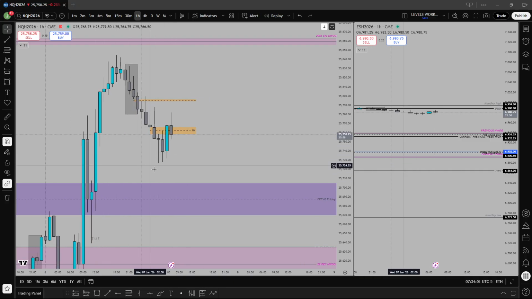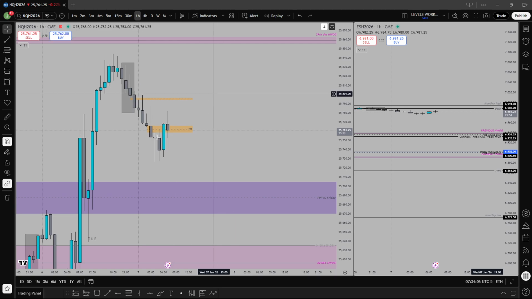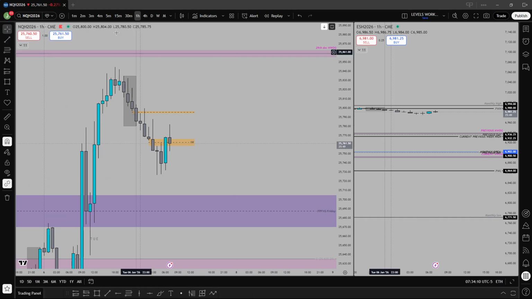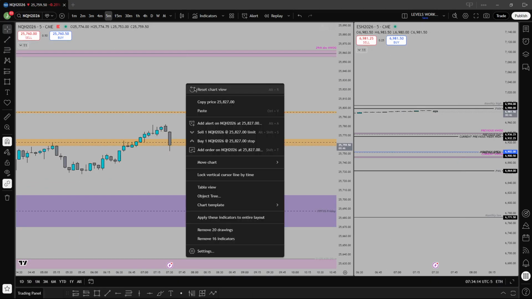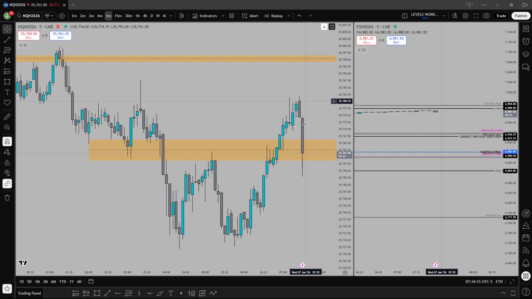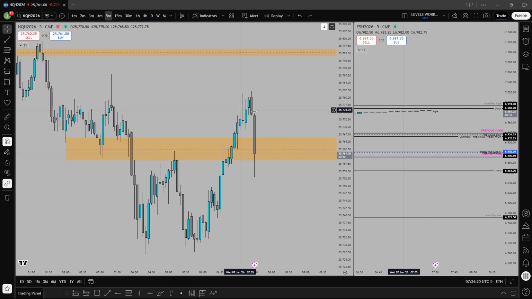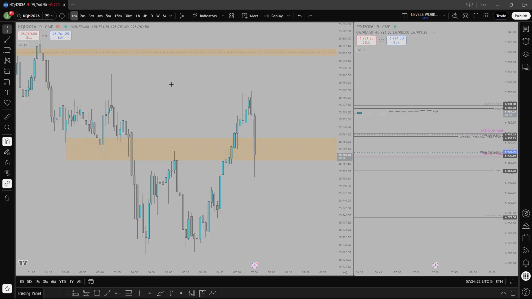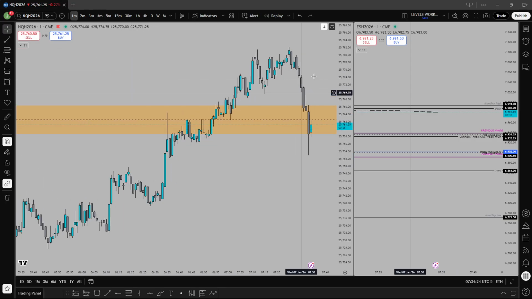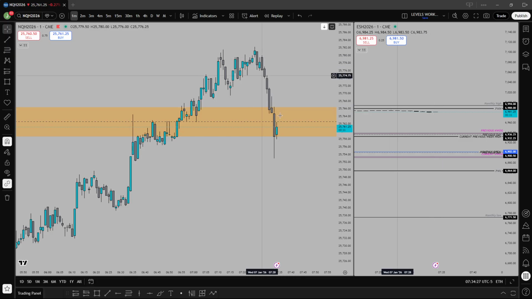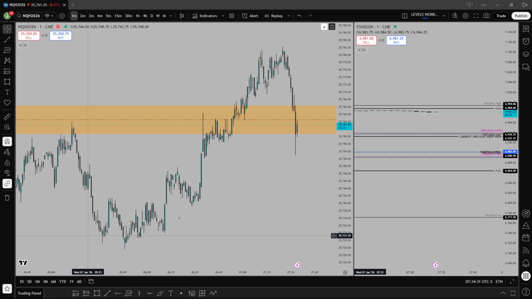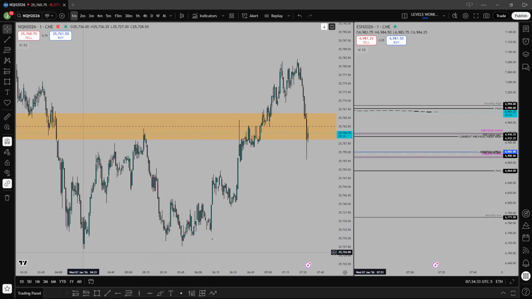So clearing these equal lows would be pretty good. Then change in state of delivery here. Yeah, I like it. But let's see. I am expecting this kind of move that comes and clears these lows.